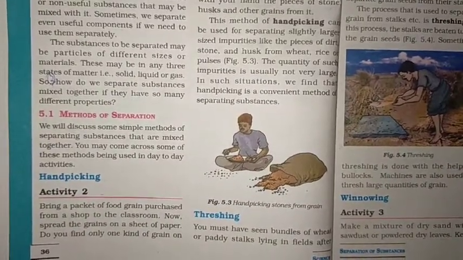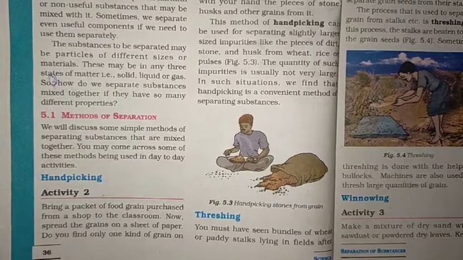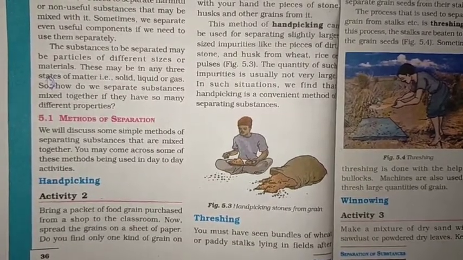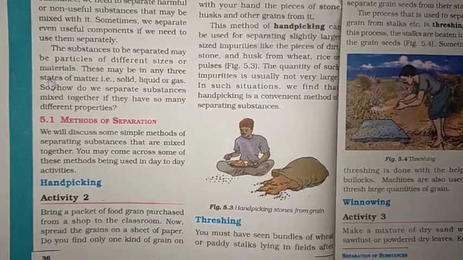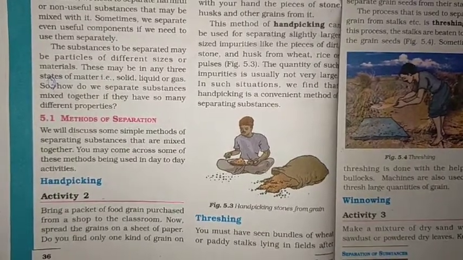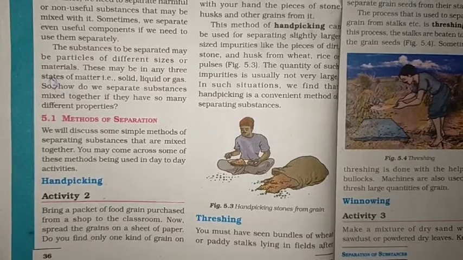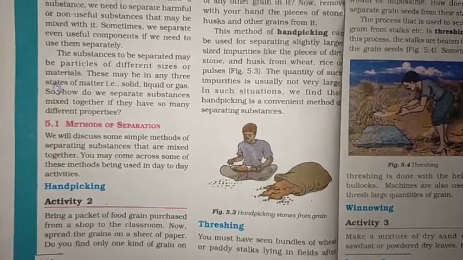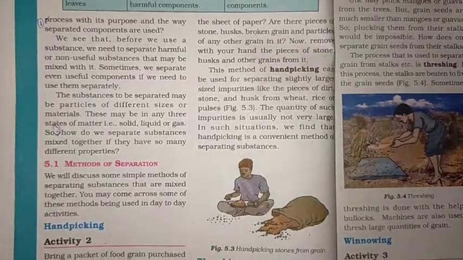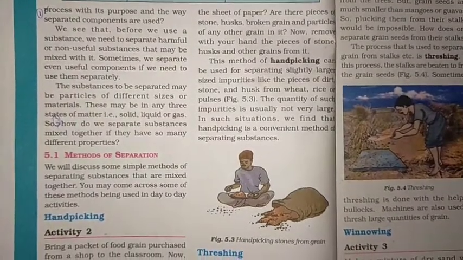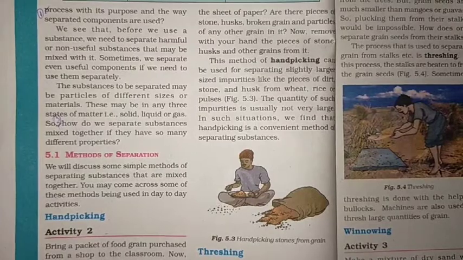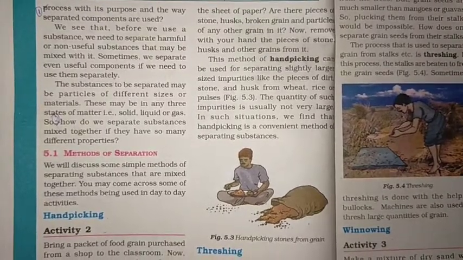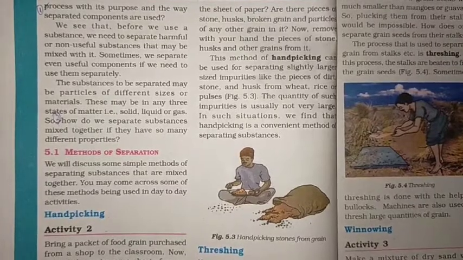Activity 2: bring a packet of food grains purchased from a shop to the classroom. Now spread the grains on a sheet of paper. Do you find only one kind of grain on the sheet of paper? There are pieces of stones, husks, broken grains and particles of many other grains in it.